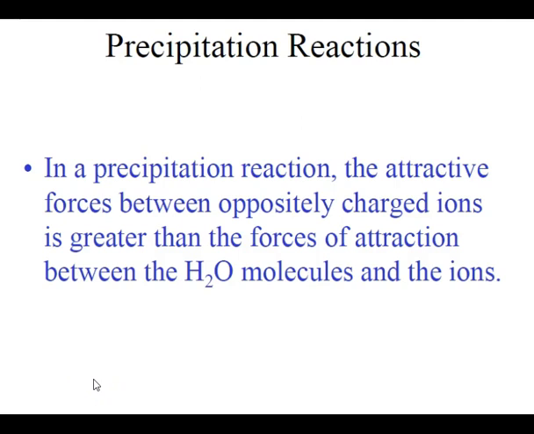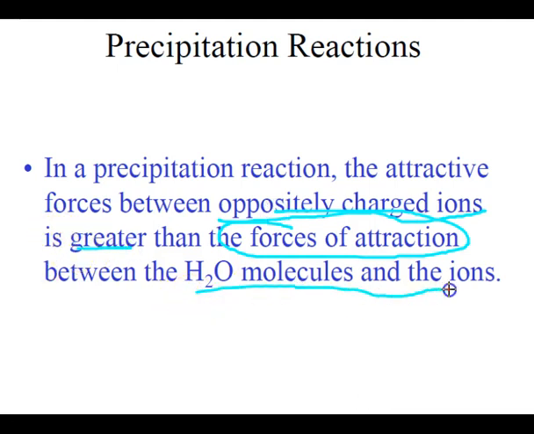All right, we're going to start talking about precipitation reactions. A precipitation reaction is a reaction in which you have oppositely charged ions. They're going to stick together, and the force of attraction between them is greater than their attraction to the water.